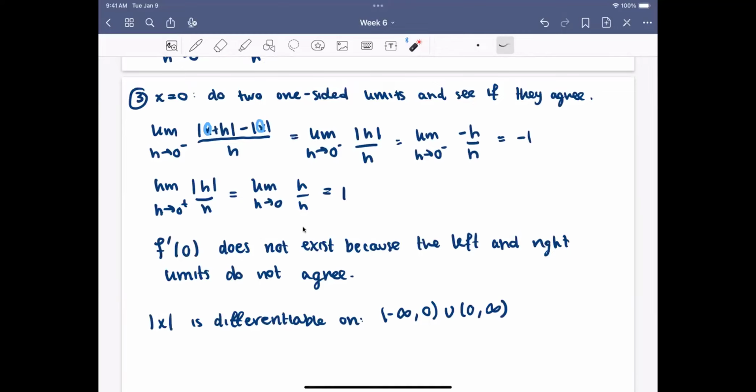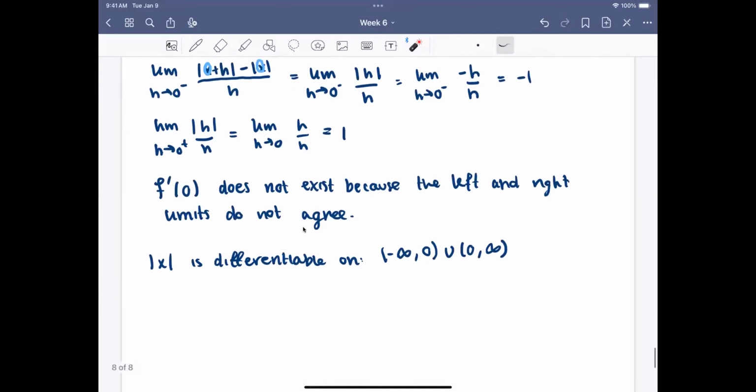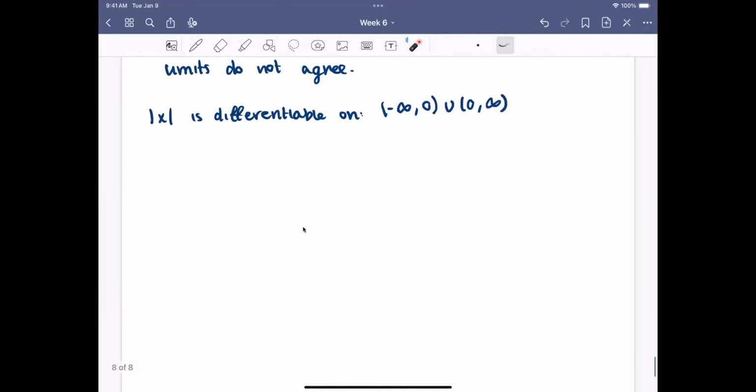Okay, let's look at some other ways that functions could fail to be differentiable. Or just make a list of ways functions can be differentiable or not differentiable.